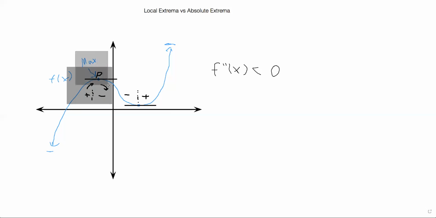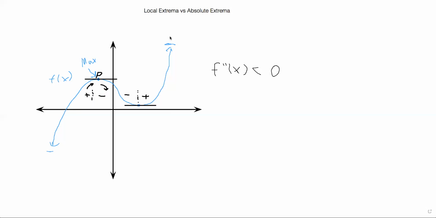So whenever it's a global maximum, this would be a negative concavity. So this is where the second derivative would be negative, and this right here is where the second derivative would be positive. So for this point to truly be a global maximum, we have to have a negative second derivative.